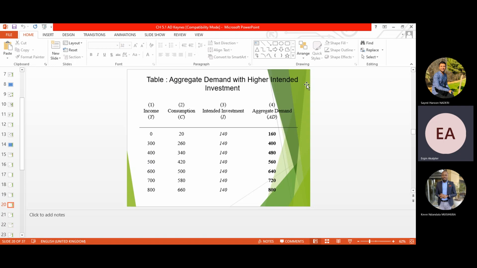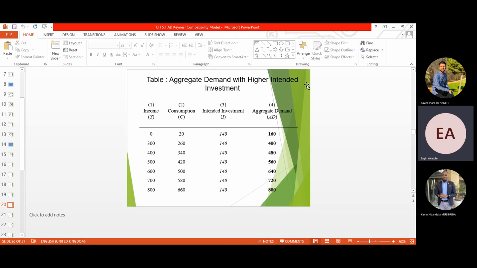And the aggregate demand with the higher intended investment is given here. As you are observing, we have a bit more, 140 now, which is not 60; it is enlarged and increased. Since it is 140, the consumption and investment are added together.